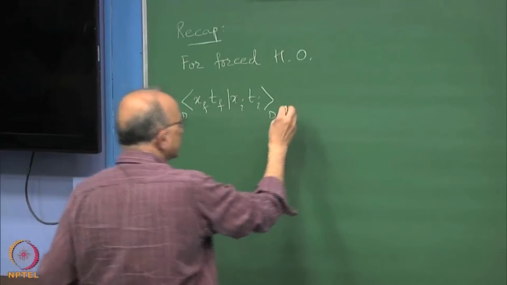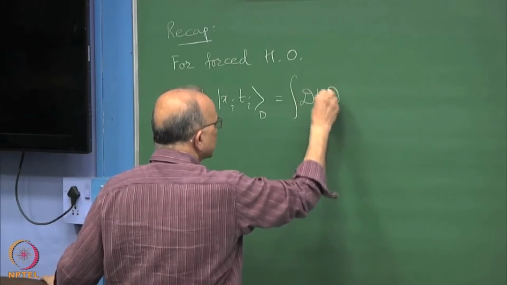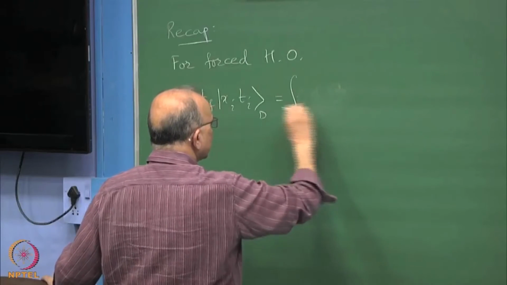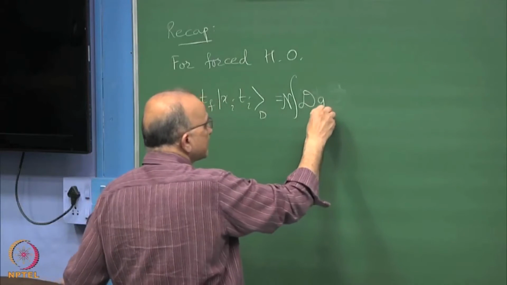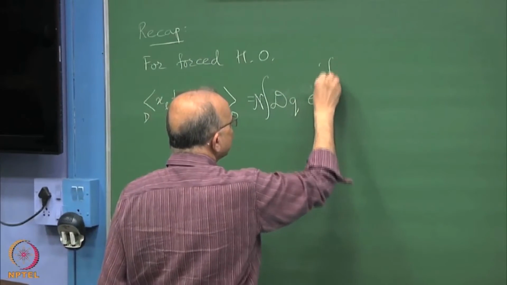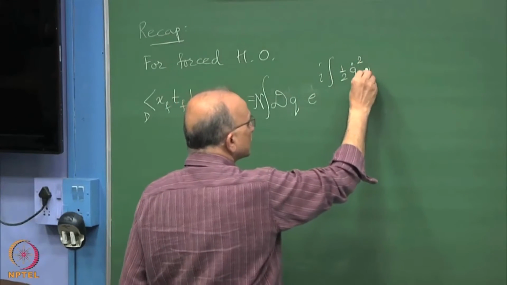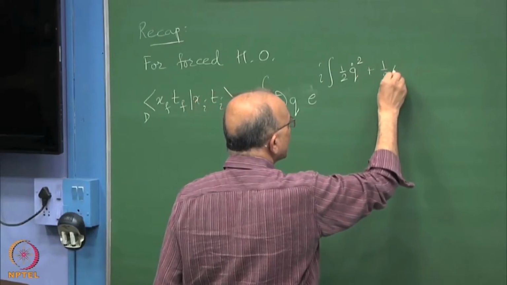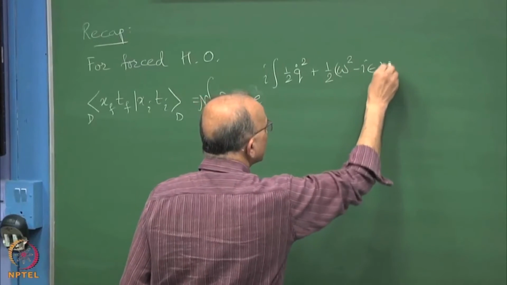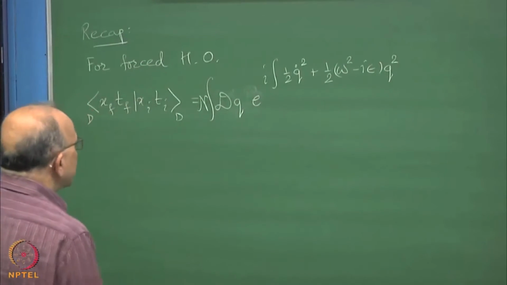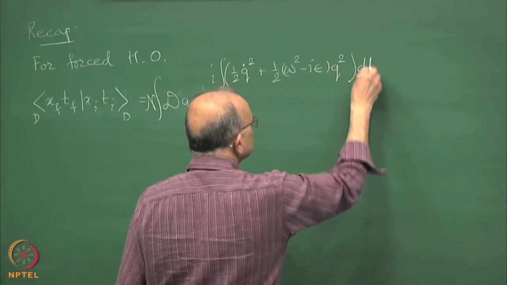in the Dirac picture to be equal to integral, well actually we did only, so we did configuration space. This would be the usual Lagrangian.